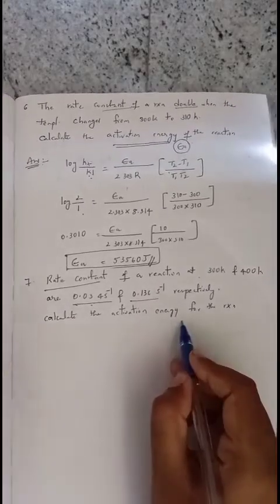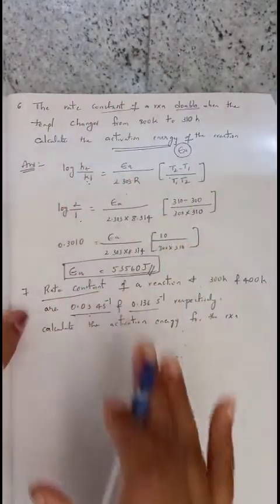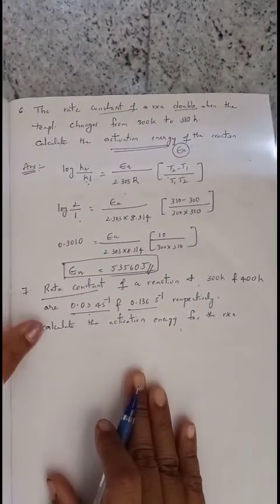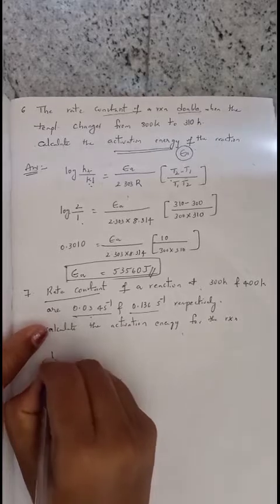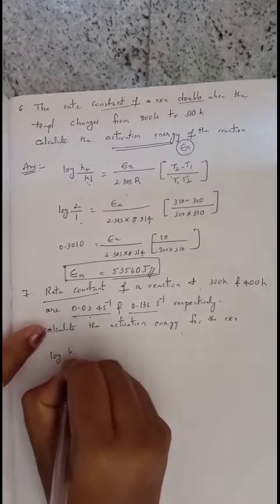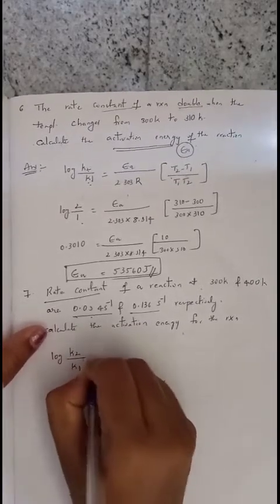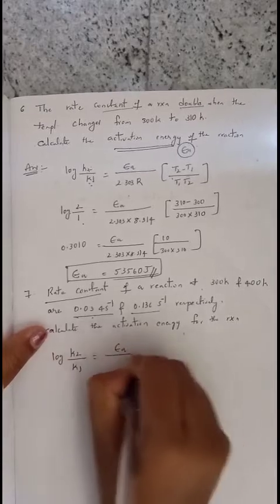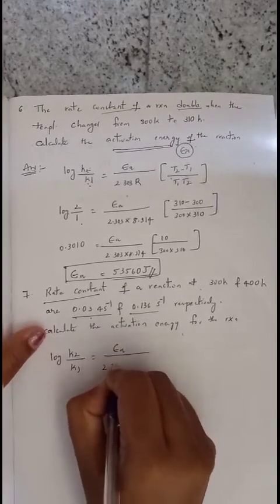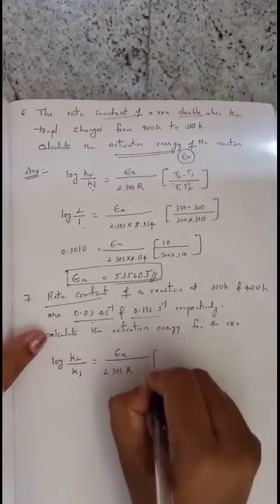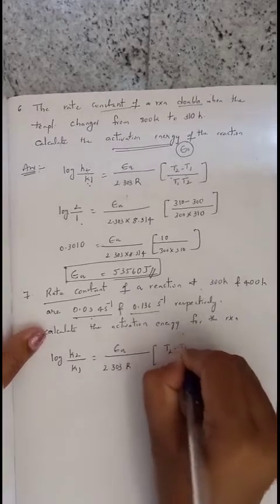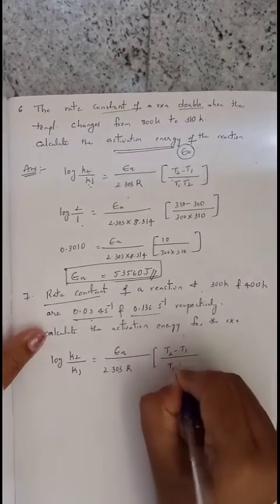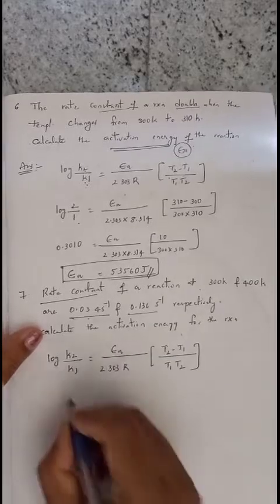Calculate the activation energy. The above formula is used here too. So write down the formula: log K2 divided by K1 equals EA divided by 2.303 into R, into T2 minus T1 divided by T1 into T2.